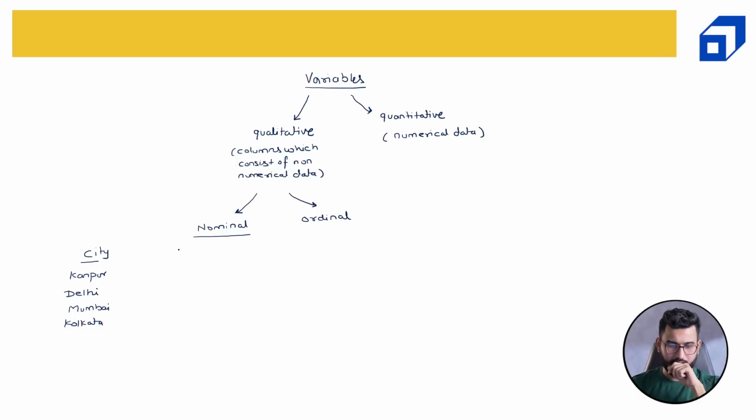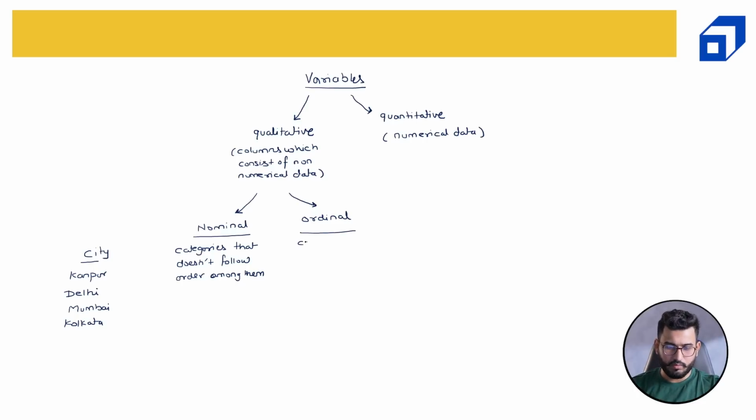So I'll just write down the definition. Categories that do not follow order among them are basically known as nominal data. Ordinal data, you guys would have already guessed it.